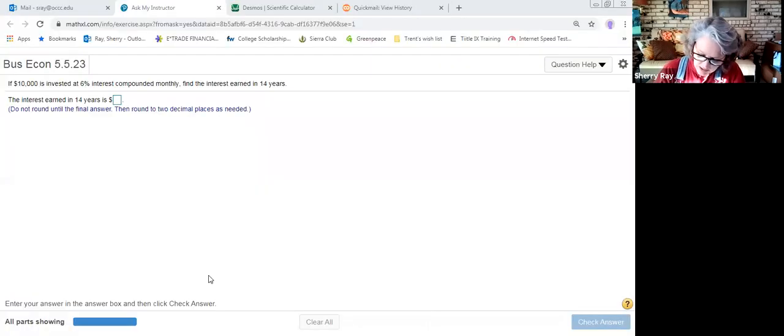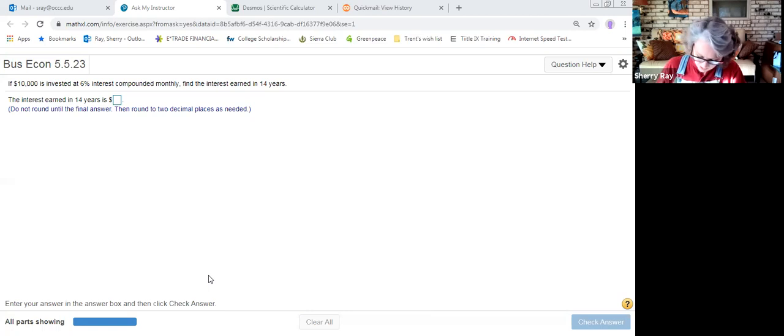So I'm going to go back to my problem. It says that $10,000 is invested. My rate is 6%, so I'm going to change that to 0.06, and 14 is my years.